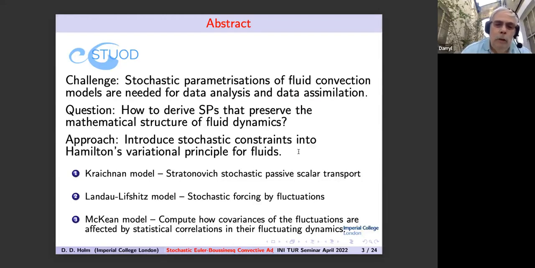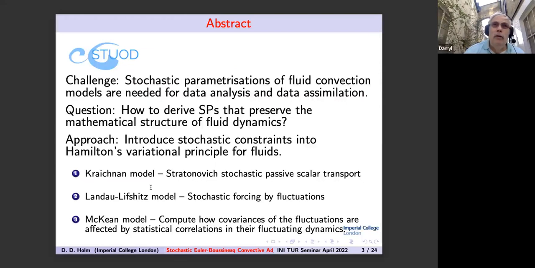Okay, and I'm going to take one line of thought that goes through 3 famous contributions in turbulence theory and in stochastic mathematics. The first one is the Kraichnan model, which was about Stratonovich stochastic passive scalar transport, and has had an enormous effect on how people think about the statistics of turbulence and the statistical physics of turbulence.